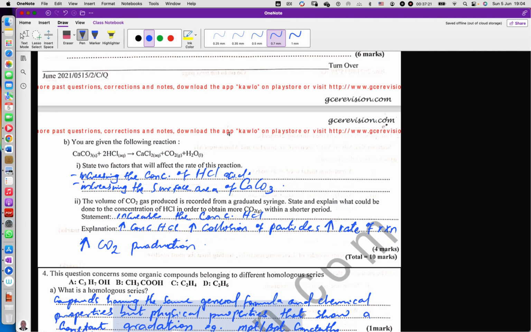Subsequently, there is going to be increased production of carbon dioxide. Once more, increasing the concentration of hydrochloric acid will increase the collision of particles, thereby increasing the rate of reaction and finally resulting in an increase in carbon dioxide production.